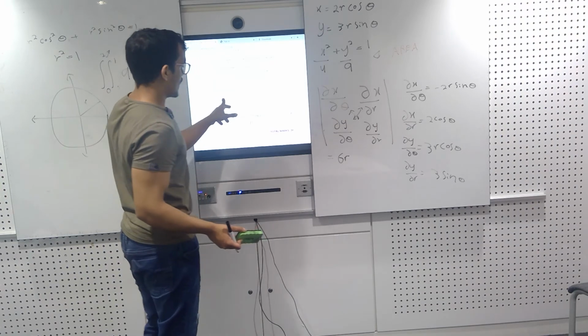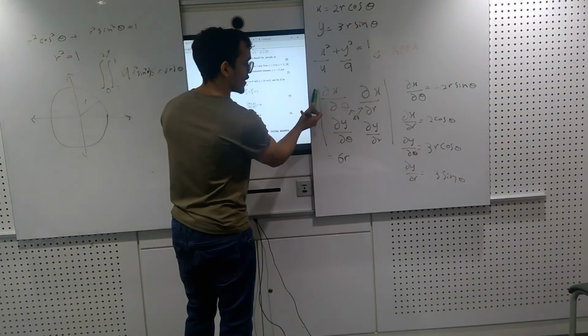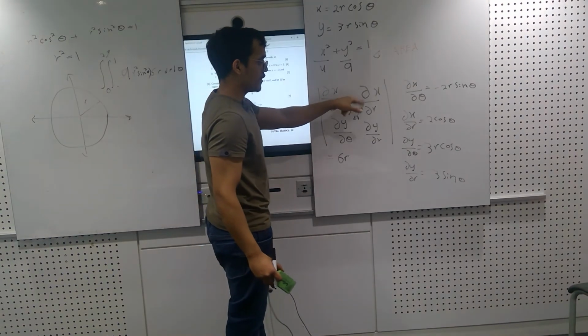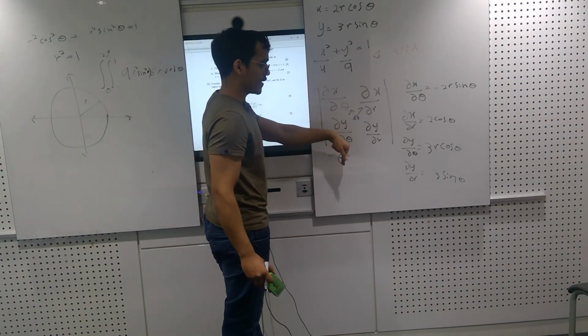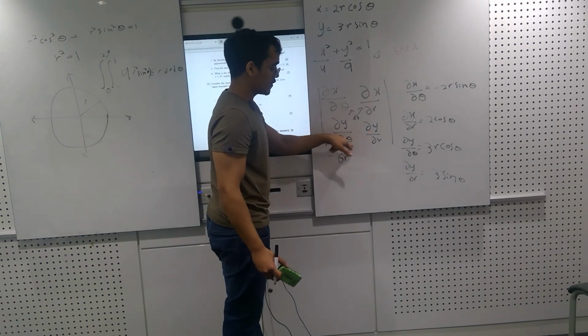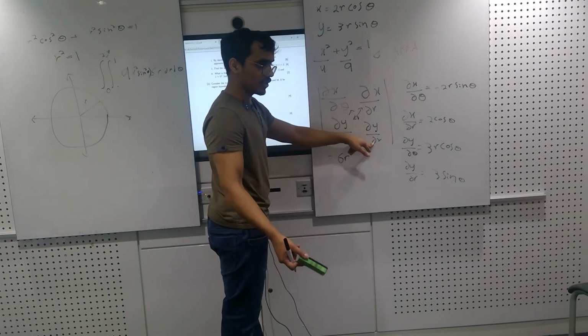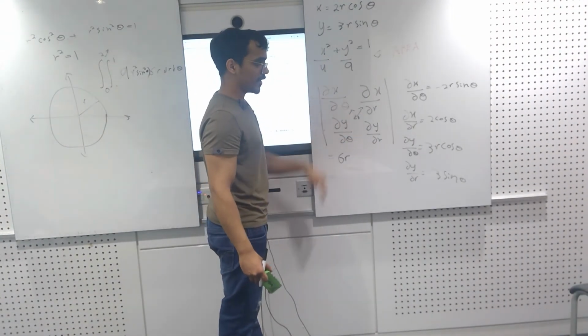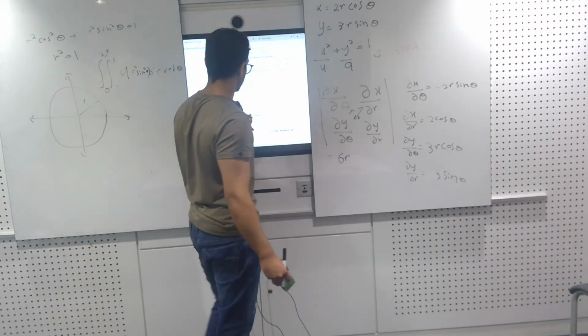With the Jacobian, you just apply the matrix: dx d theta, dx dr, dy d theta, dy dr, where theta and r are the new variables of the new coordinate system, and x and y are the old variables in the old coordinate system.